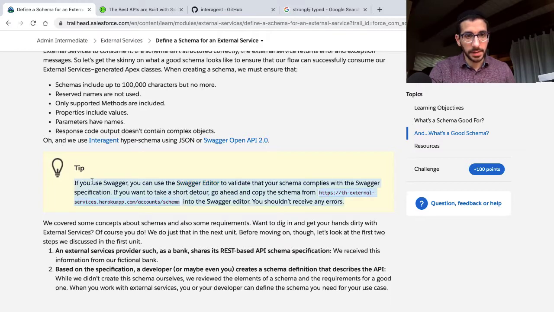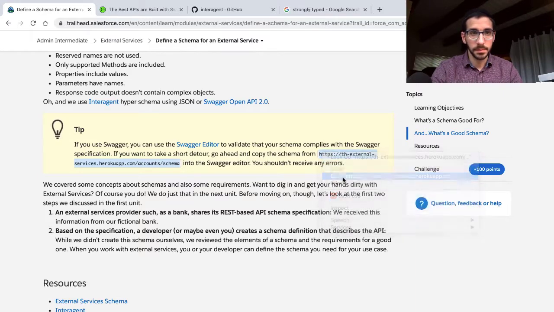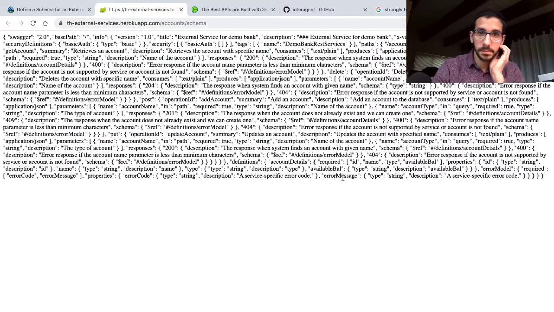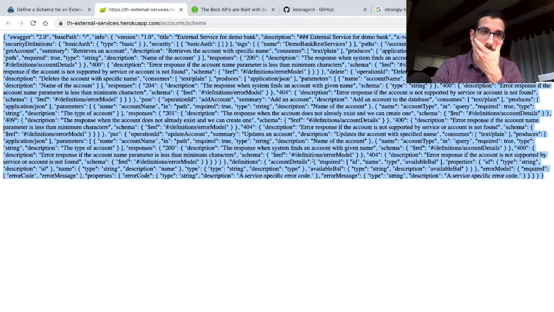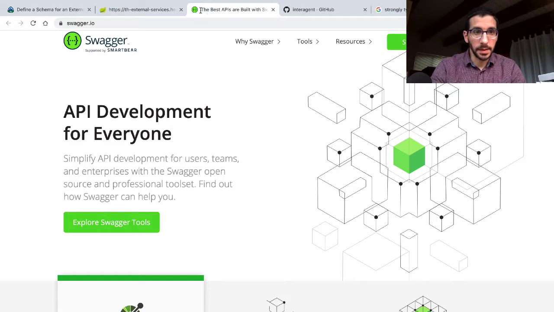If you use Swagger, you can use the Swagger editor to validate that your schema complies with the Swagger specification. If you want to take a short detour, go ahead and copy the schema into the editor.